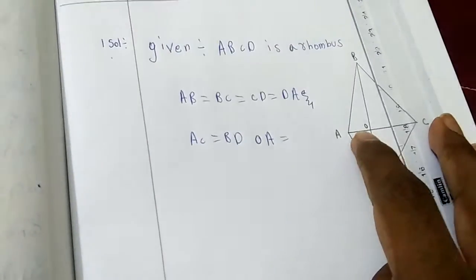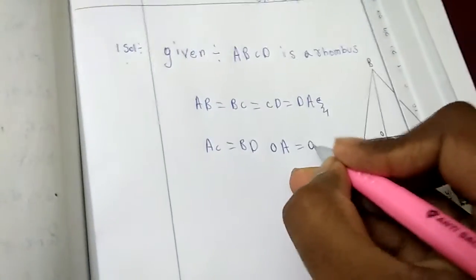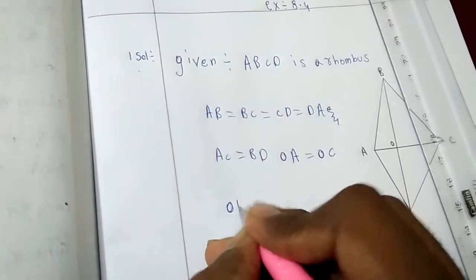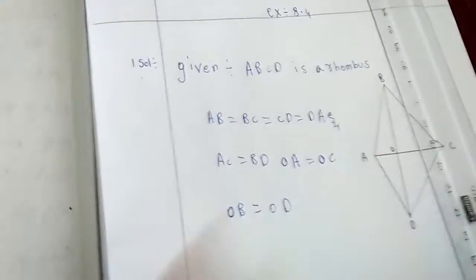By taking O as the point of intersection, OA is equal to OC, and OB is equal to OD.